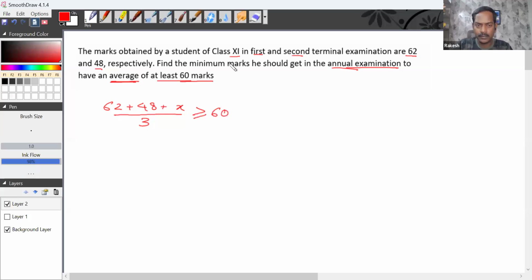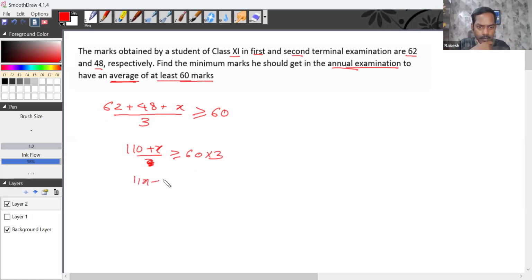Now we have to find the value of x. We can add these two: 62 plus 48 is 110. So (110 + x)/3 is greater than or equal to 60. We want to get rid of 3, so let us multiply both sides by 3. 3 is a positive number, so there will be no change in the sign. If I multiply both sides by 3, the 3 in the denominator on the LHS gets cancelled out.